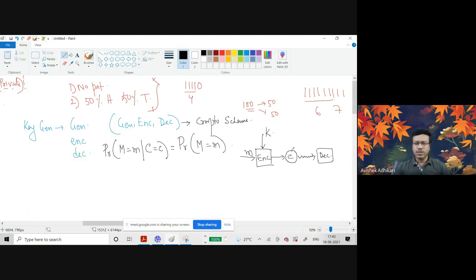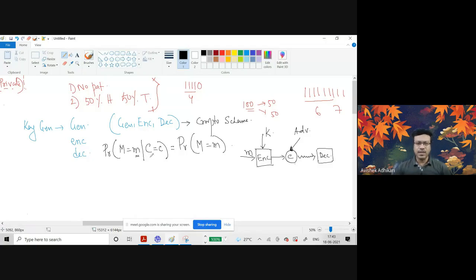Okay, so this C is very much known to the adversary. The adversary knows this C. What it says is that suppose you have some ciphertext C, then what is the probability that the message was M?